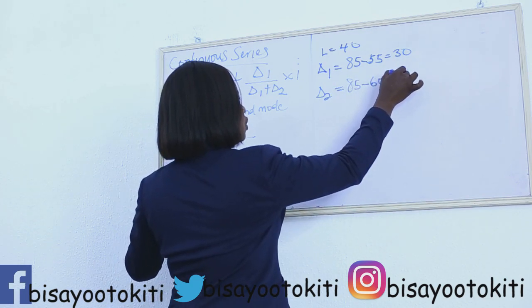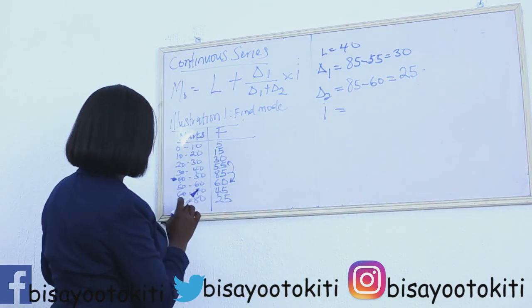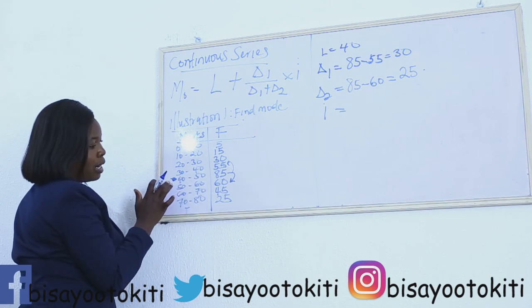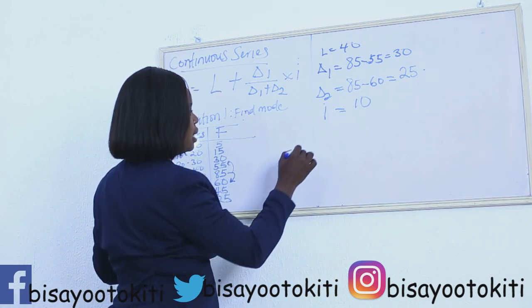That will give us 25. Then what is i? i is the class interval, the upper class limit minus the lower class limit. That is 10.